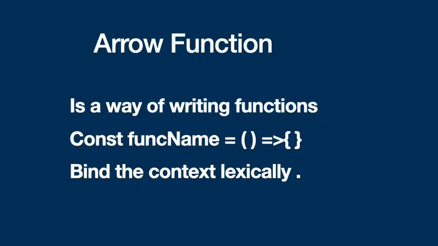Okay, arrow function. Arrow function is a way to write normal functions. It is written with a syntax called function name equal to, with parentheses followed by an arrow and then curly braces. It binds the context lexically.